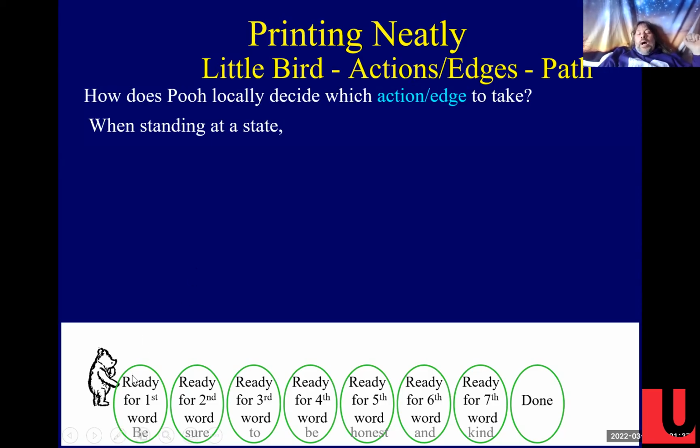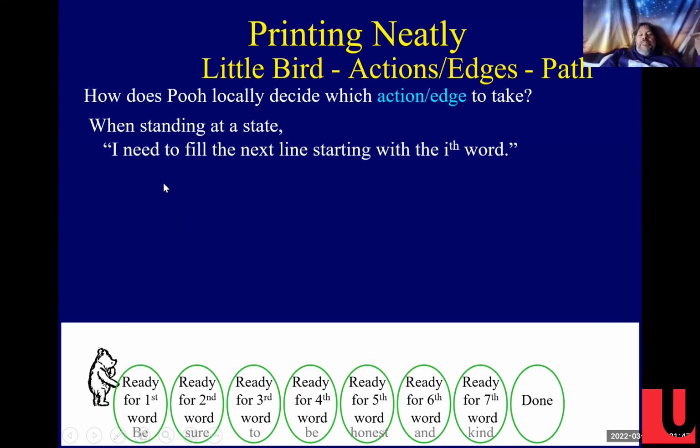Remember, when he gets to a new state, he has to fill that whole line in. So his action will be to fill in the line. He needs to fill in the next line, starting with the ith word. So what do you think we should ask the bird?